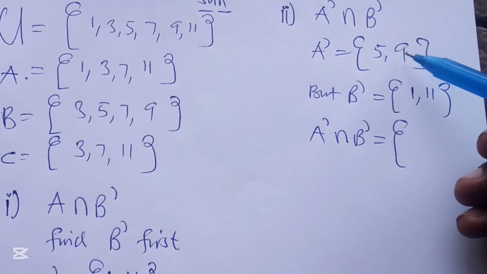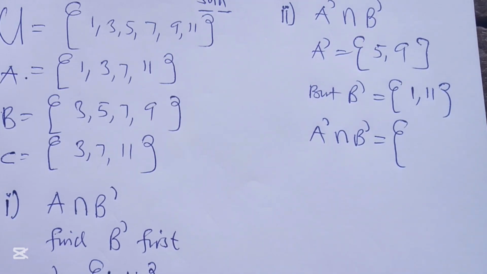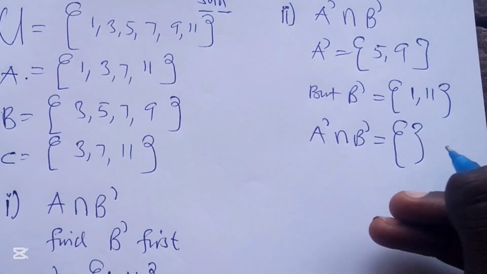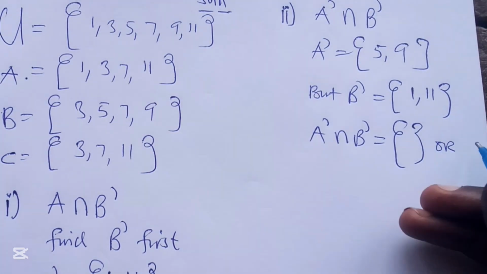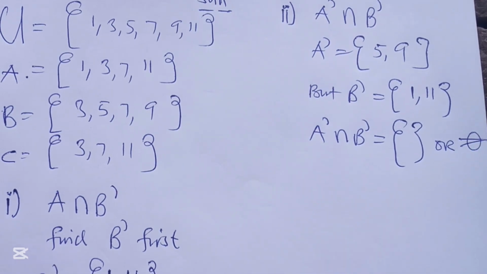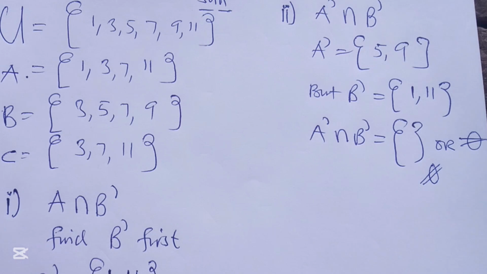If you look at this one, all these numbers do not meet at a point. So therefore, we say this is an empty set. This is how to write it, or you write this symbol. This symbolizes an empty set.